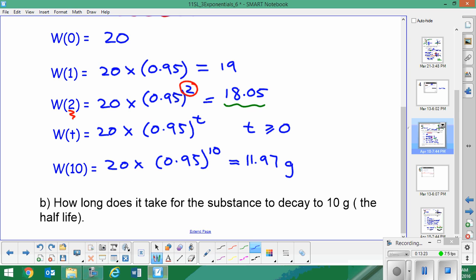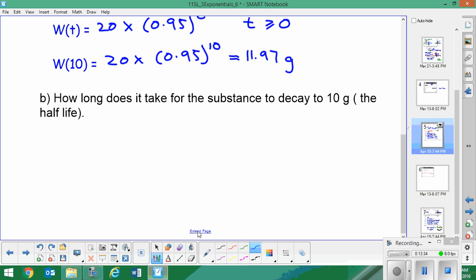Sometimes you talk about the half-life of radioactive material, like how long it takes for it to decay to half the amount. So if we wanted this to come down to 10 grams, because initially it was 20 grams, then we're doing that same calculation as we did earlier. 10 is equal to 20 times 0.95 to the t.